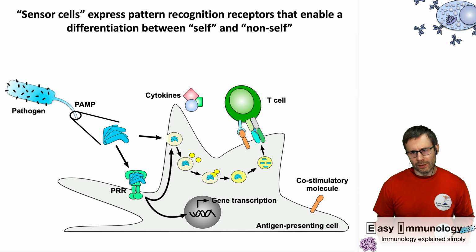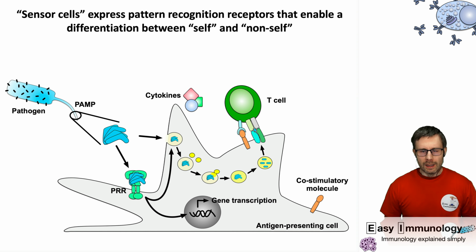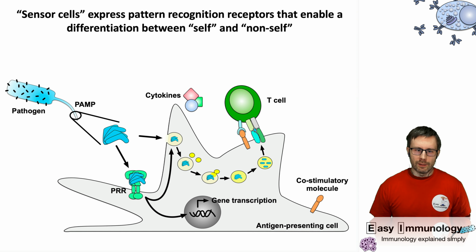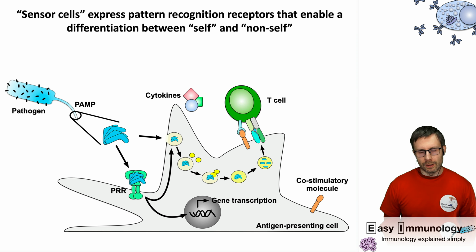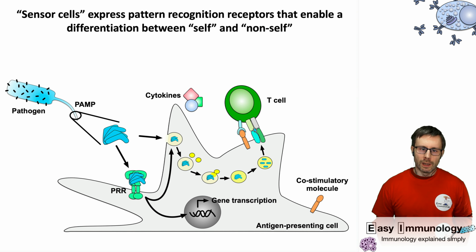And this just results in the two cells sticking together. It's not strong enough to stick together long enough for the T cell to become activated. And this is where the costimulatory molecules come into play, because they result in the two cells sticking together even more strongly and even longer. And both signals then transmit an activating signal into the nucleus of the T cell, and then it can be activated.